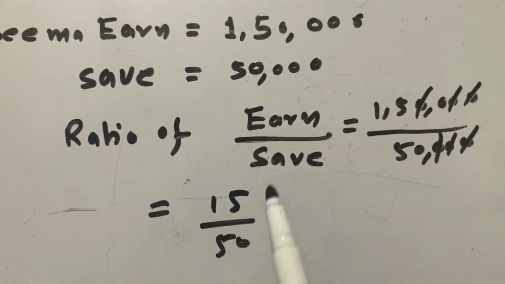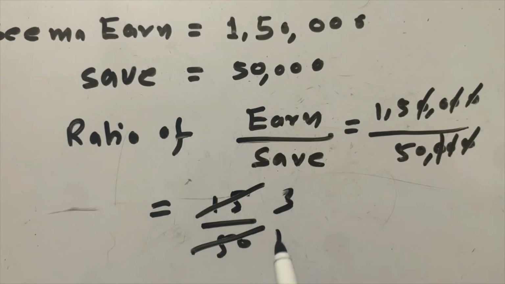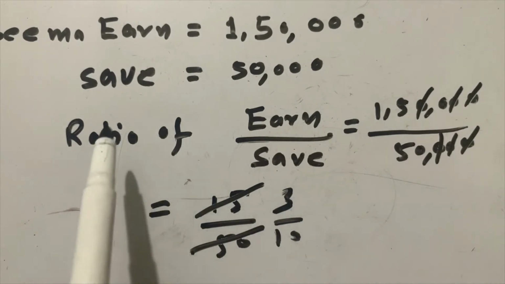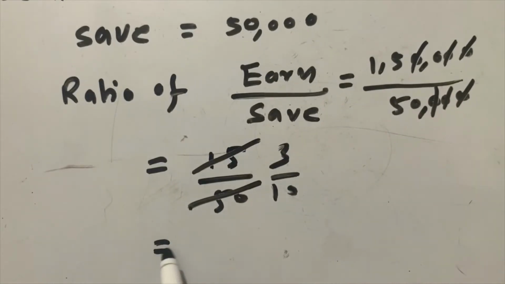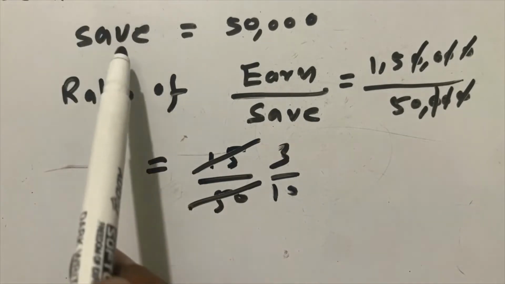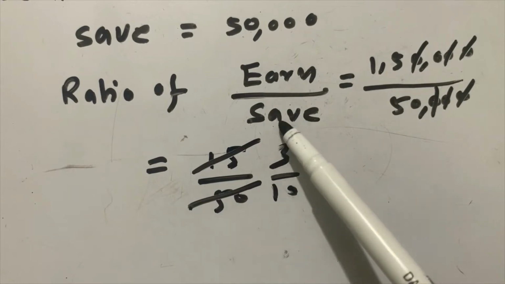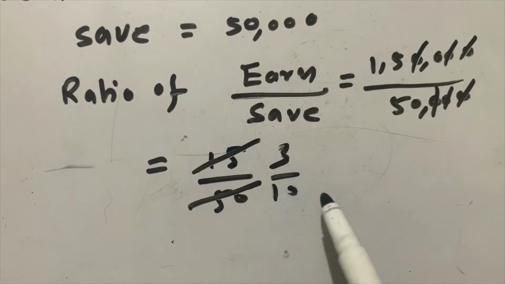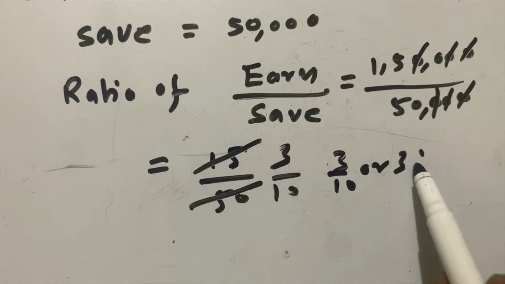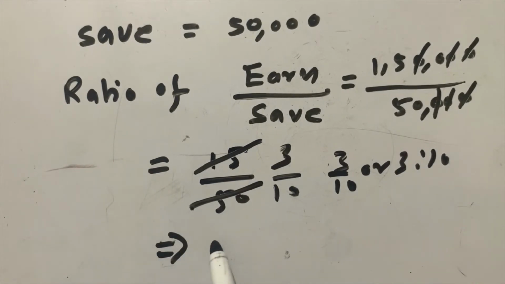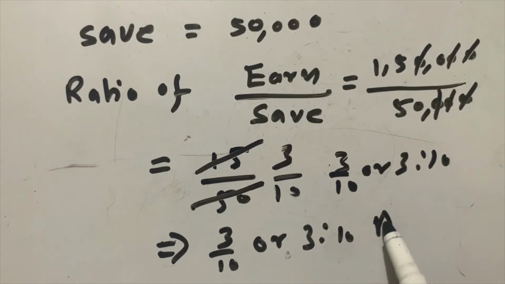We will read the table of 5. 3 fives are 15, 10 fives are 50. So the ratio of Seema's earning to Seema's saving is 3 upon 10, or 3 is to 10. Therefore the answer is 3 is to 10.